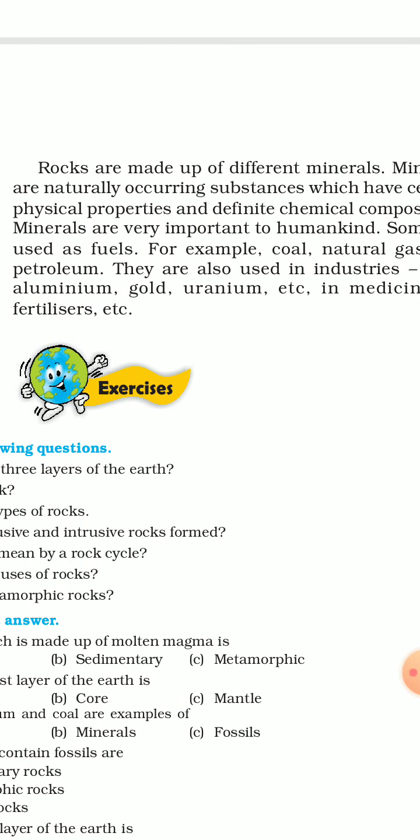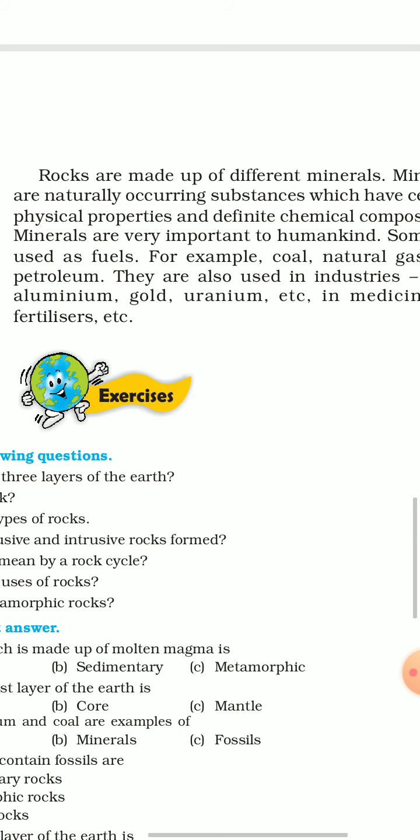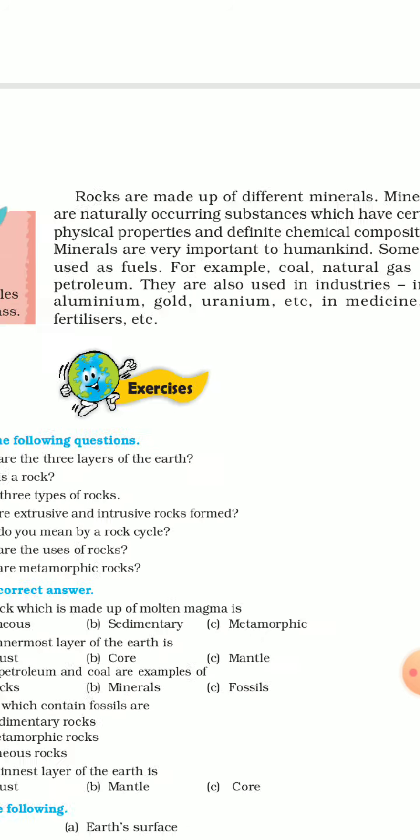Rocks are very important and provide us with material for construction purposes, precious stones like gold and silver, minerals for various industries, chemicals for medicine and fertilizer industries, fuel like crude oil and coal.